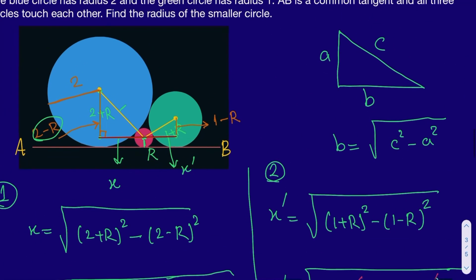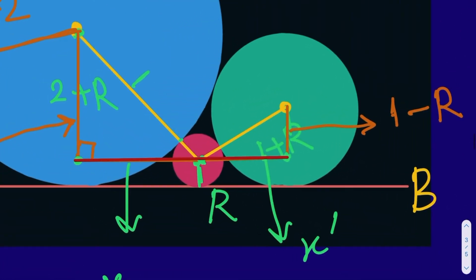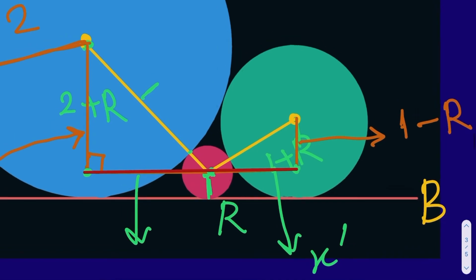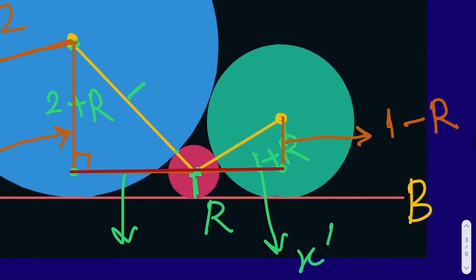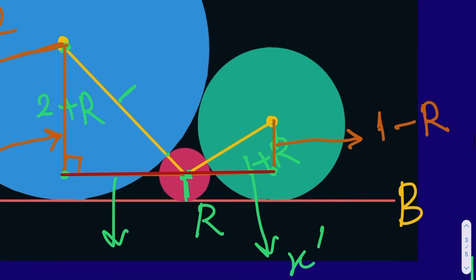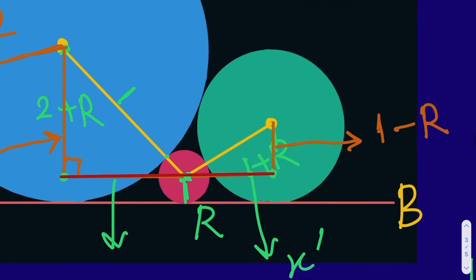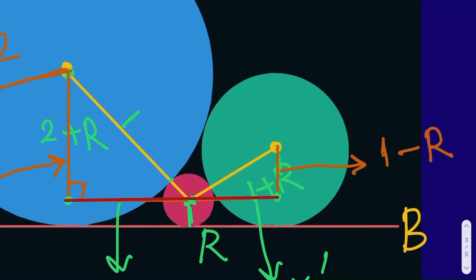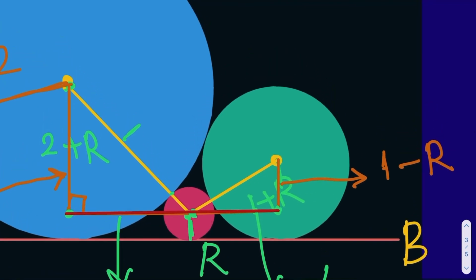line segment, which starts from just above the tangent line within the blue circle and ends in the green circle. Now what else can I do? I can also use the information that I am given.